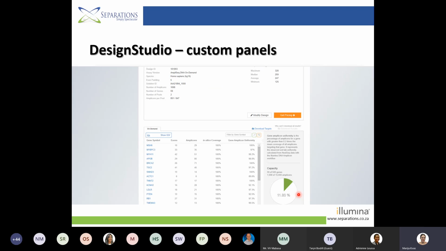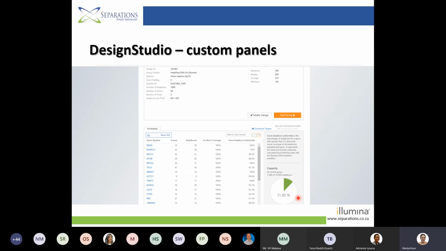Just to show you how it would look, you would basically choose the genes that you are interested in, and then the system will design the panel for you. Depending on how many genes you are interested in, it might take some time, but you will get an email saying that your panel is ready, and it will show you the in silico coverage of those genes, and also the uniformity.